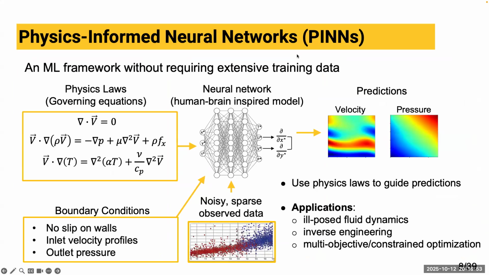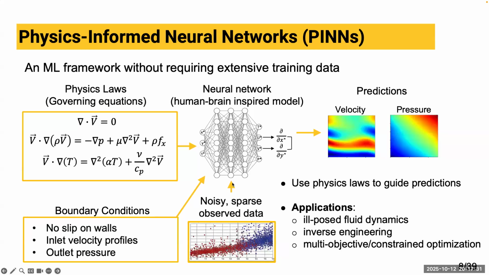And our research group has been focusing on physics-informed neural networks, or PINNs framework. This is the machine learning framework that does not require extensive training data. So in this method, you put the x, y, t, or spatial-temporal coordinates as input, and you can make it predict the flow fields such as temperature, x-y velocity, and pressure fields.